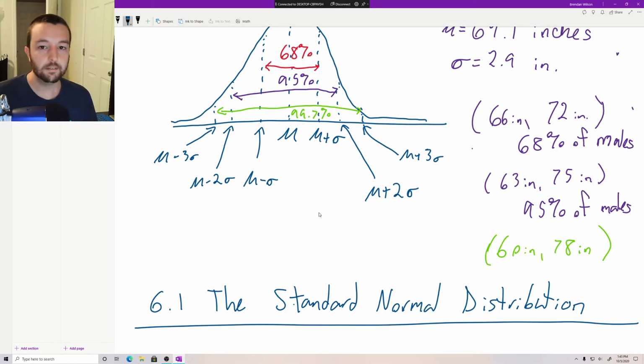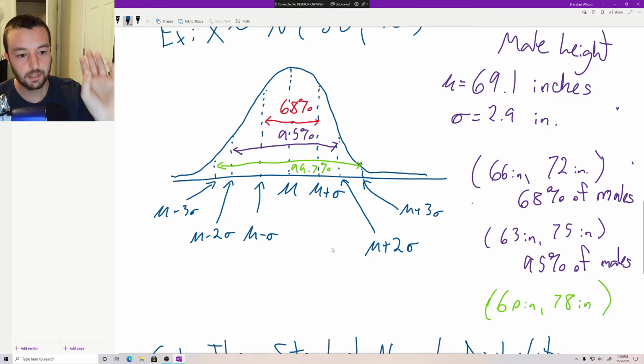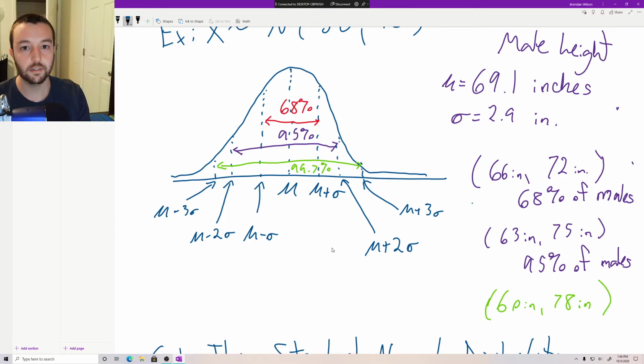And that can get kind of messy. So what we like to do is we like to take all of our values and standardize them so that our mean is always 0 and our standard deviation is always 1. This is something we commonly do in math: we take whatever we have and we center it around 0 instead. So here it's centered around some mu. It's easier to work with if we just take it and center it around 0.